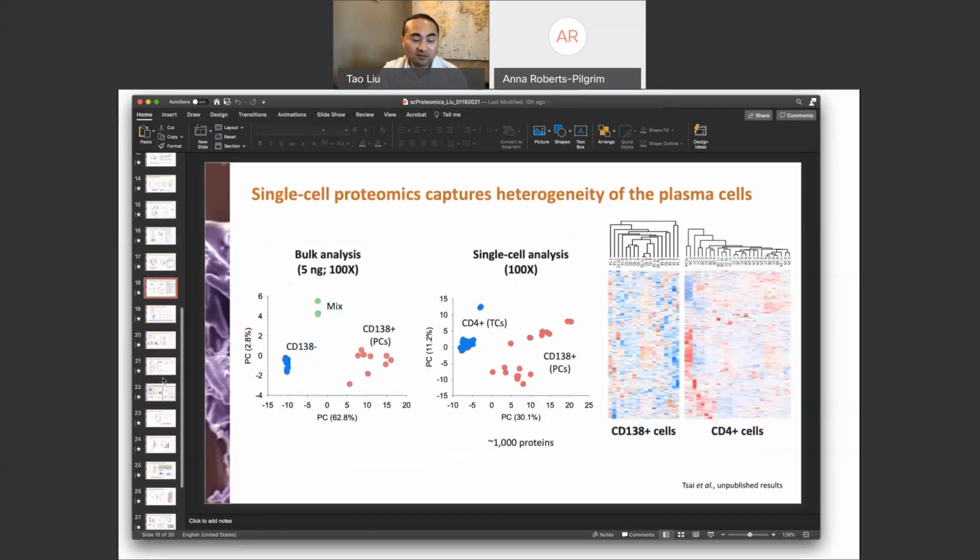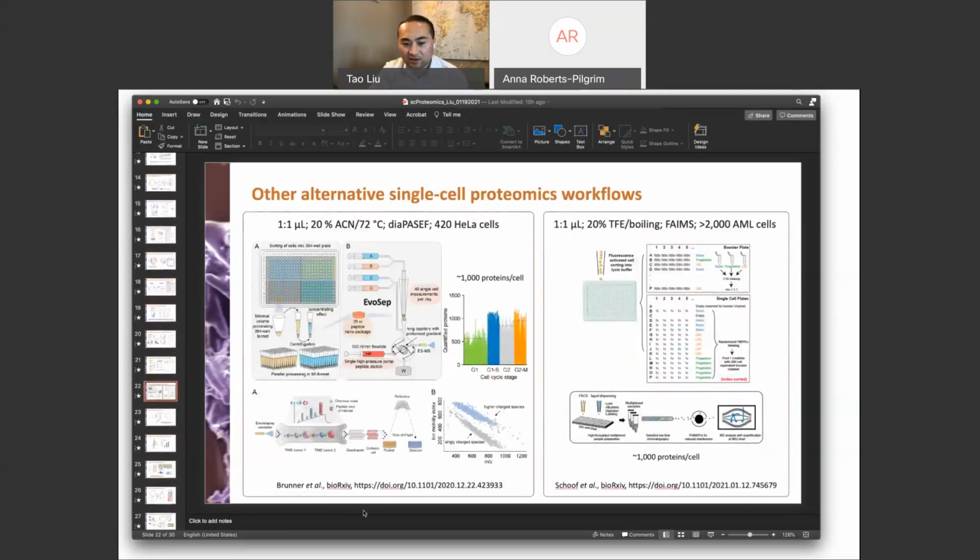But there is some nice work reported by others, I think I'll go to this slide. There are two papers recently deposited into bioRxiv. I highly recommend you look at those. One of the systems is based on the EvoSep system, with the front end 384 PCR plate, if you will, for front-end sample handling.